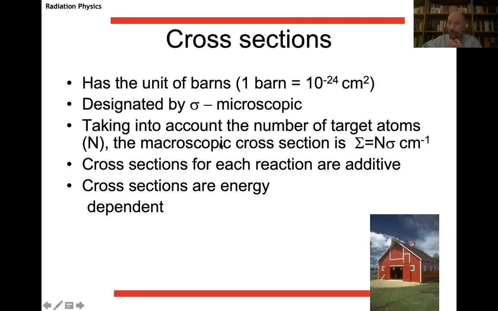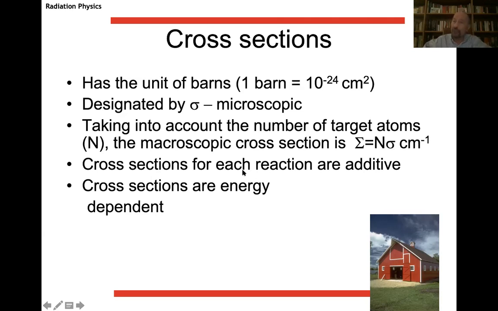The macroscopic cross-section is given if you take the number of target atoms per cubic centimeter. Then you define what is called the macroscopic cross-section, which is in centimeters to minus 1, which is the same as the absorption coefficient for photons.